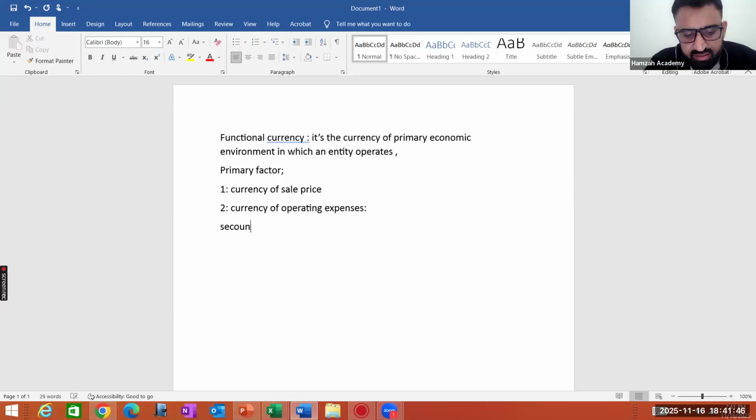Then there are secondary factors as well.